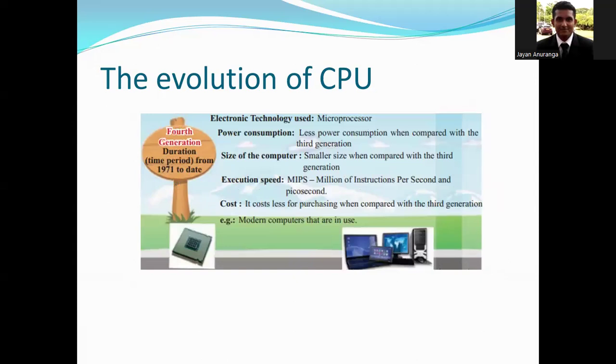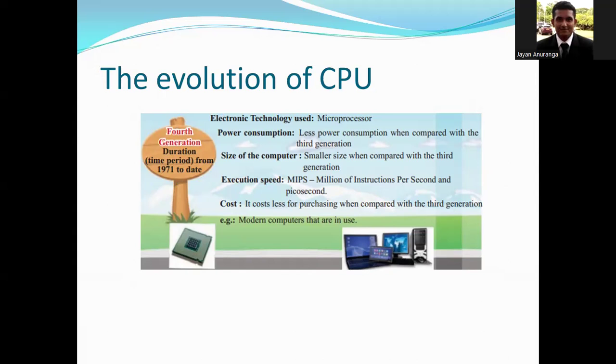Then the fourth generation, duration 1971 onwards. Electronic technology used: microprocessor. Power consumption: less power consumption when compared with the third generation. The size of the computer is smaller when compared with the third generation. Execution speed: million instructions per second and picoseconds. It cost less for purchasing when compared with the third generation.